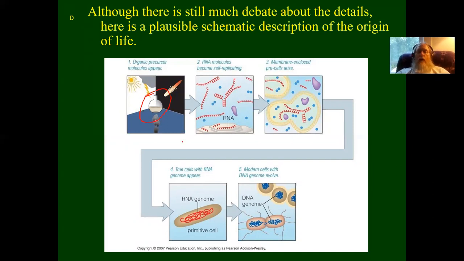Anyway, along the line we get early RNA molecules, which become self-replicating and make some simple proteins like that right there. Some of this stuff gets enclosed within membranes. You add metabolism and you have the first true cells, which would have probably looked a lot like a bacterium. So let's call it a prokaryote of some sort, but with an RNA instead of a DNA genome. And then somewhat later you get the DNA genome, and then you've really got life as we have it today.